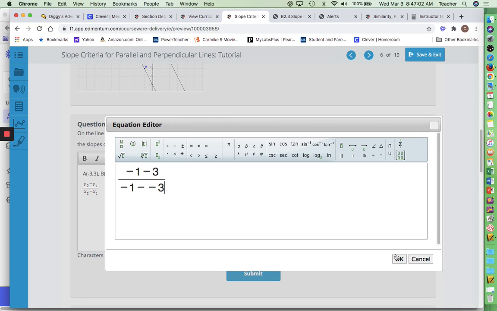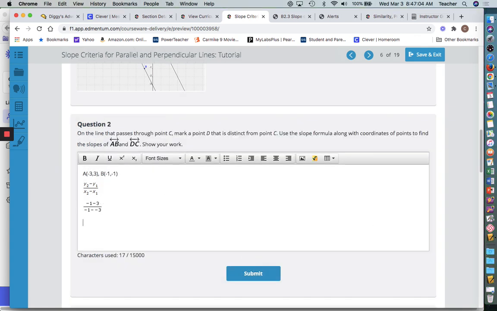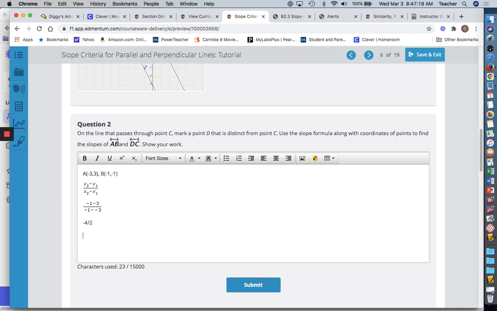I'm just going to hit OK to put that in. Now I'm going to calculate this. -1 minus 3 is -4. -1 plus 3, this is a double negative, it's a 2. Looks like I get a slope of -2.